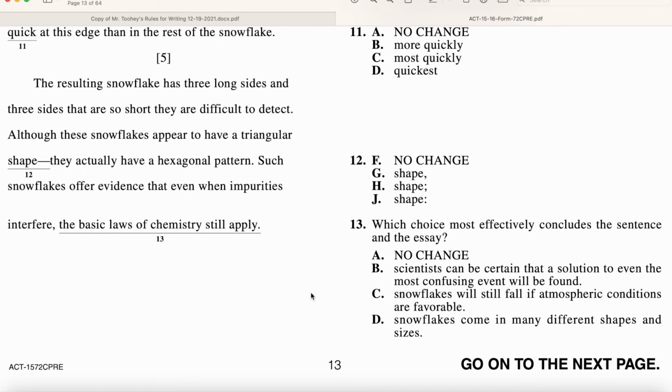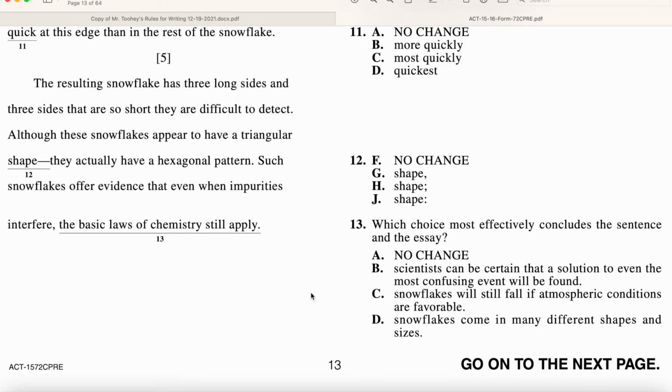Is it that they're big? No. Look at that last paragraph, they kind of explain what's going on. Although these snowflakes appear to have a triangular shape. Oh, okay, so when you look at them, it looks like it has a triangular shape. But they actually have a hexagonal pattern, right? So it seemed to be an exception, but it really wasn't an exception. Does that make sense? Yes.